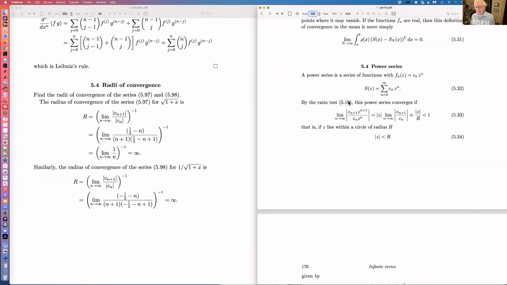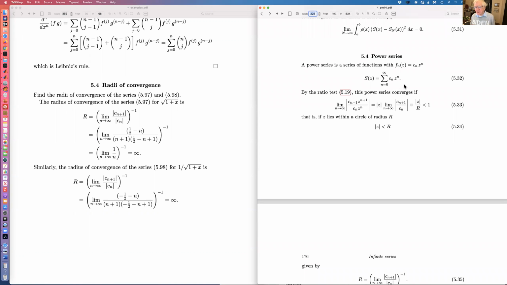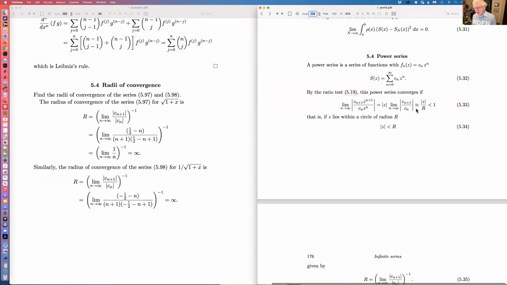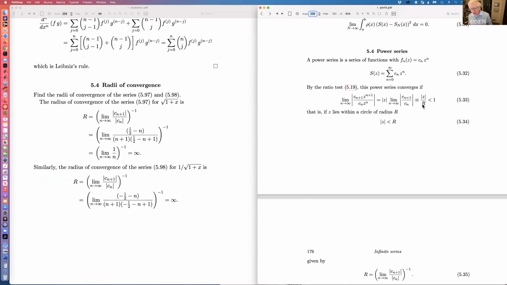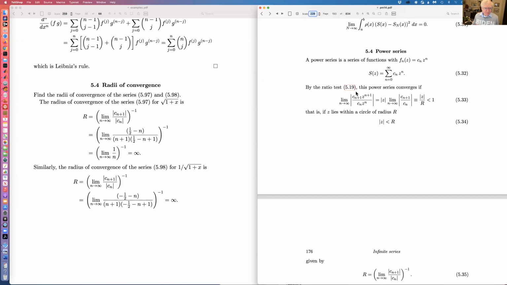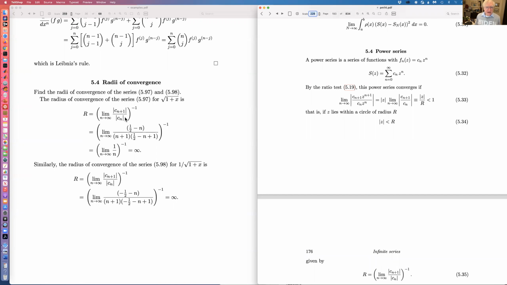That's how power series, which are simpler series, converge, whereas the original ratio test is for an arbitrary series, which needn't be a power series. With a power series you get this factorization, and the thing converges when z is less than r. And r is 1 over this limit.